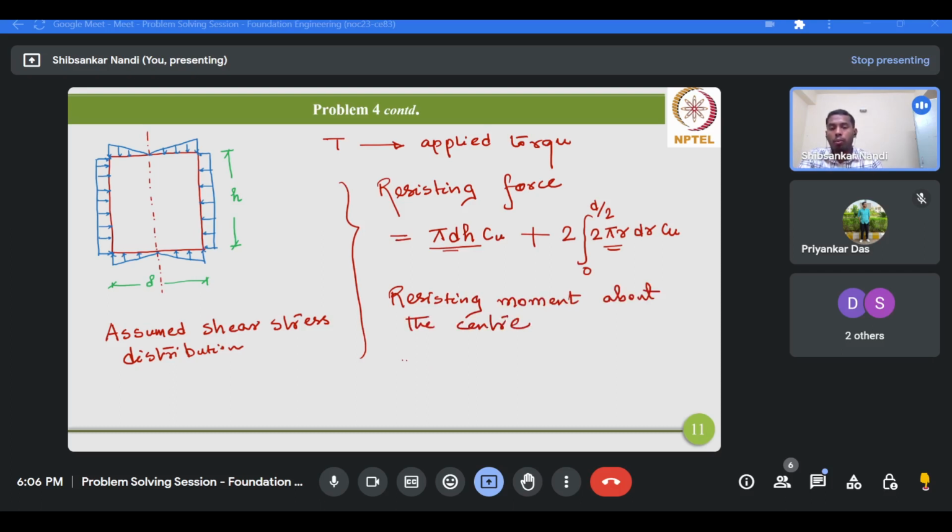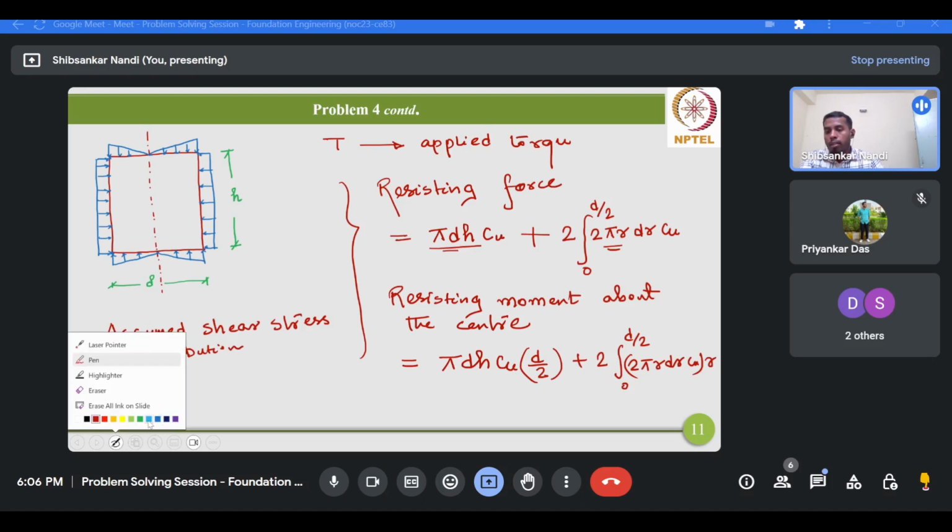So therefore what you will get? pi d h cu d by 2 plus the integral from 0 to d by 2 of 2 pi r dr cu multiplied by r, and you have to equate these values with this T for the limiting stability or for the failure condition.